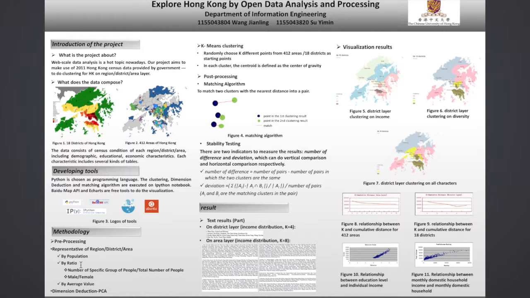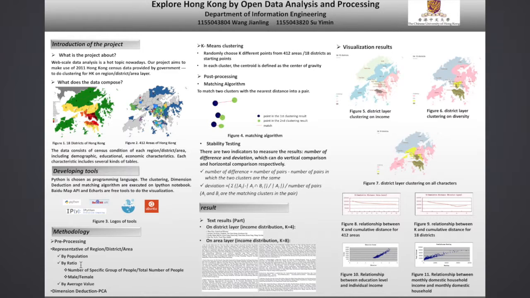The second one we use is the ratios. We've used 2 kinds of ratio in our project. The first one is the number of a specific group of people divided by the total number of people. And the second one is the ratio between male and female.